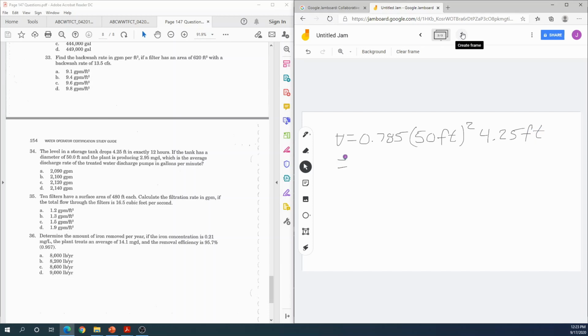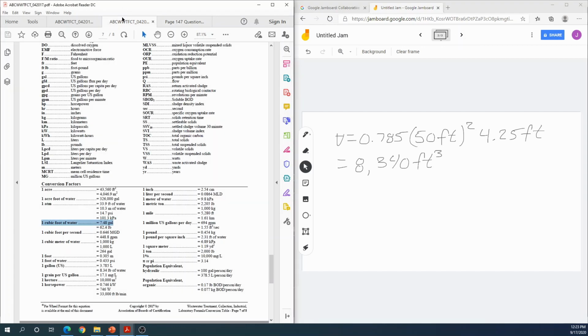This is going to give us a volume of 0.785 times 50 squared times 4.25. That's equal to 8,340 cubic feet. But we're caring about gallons, not cubic feet. So let's jump back over here and take a look. And we know that in 1 cubic foot of water, we got 7.48 gallons. So let's get this into gallons here.